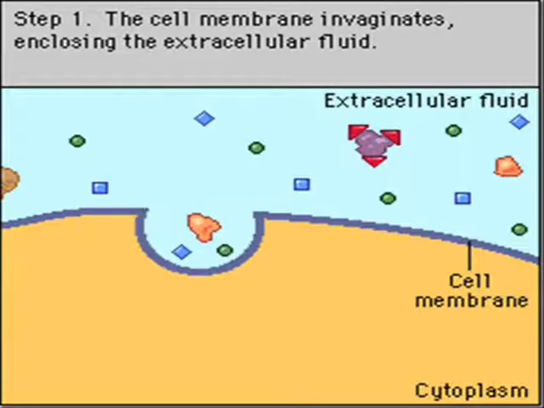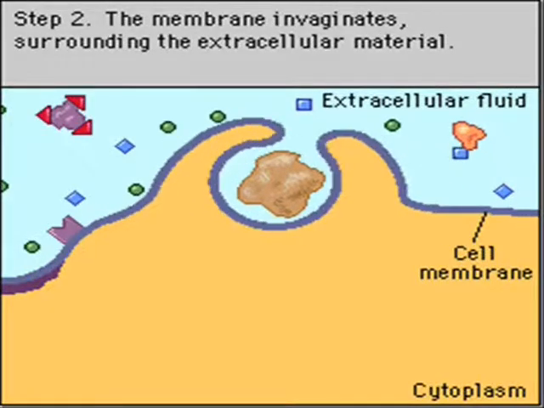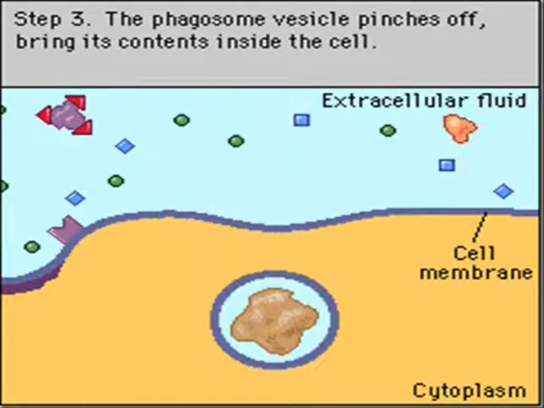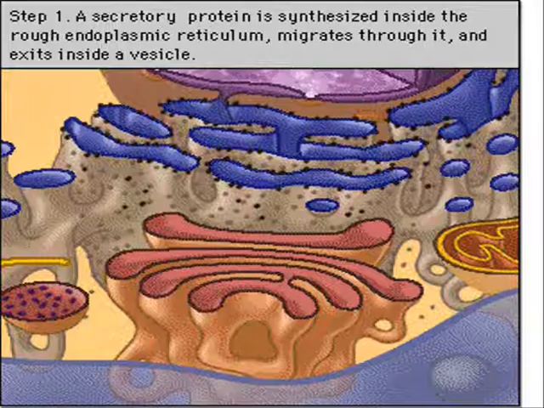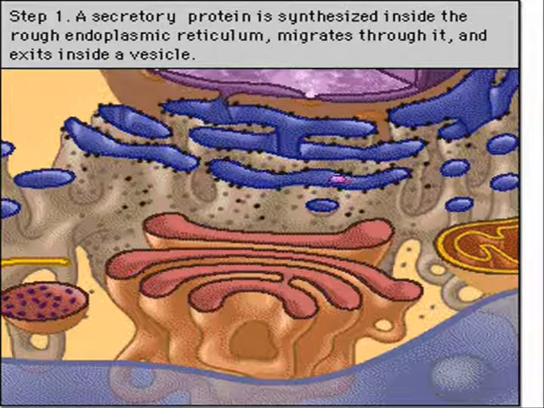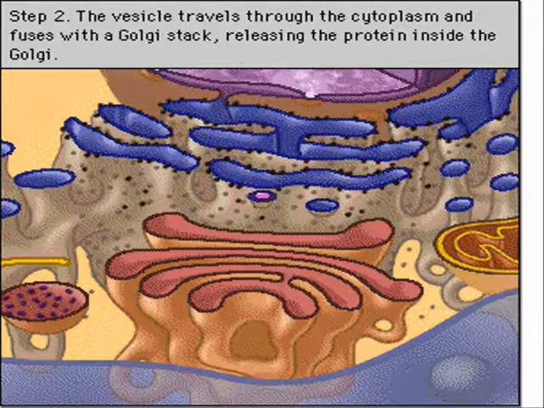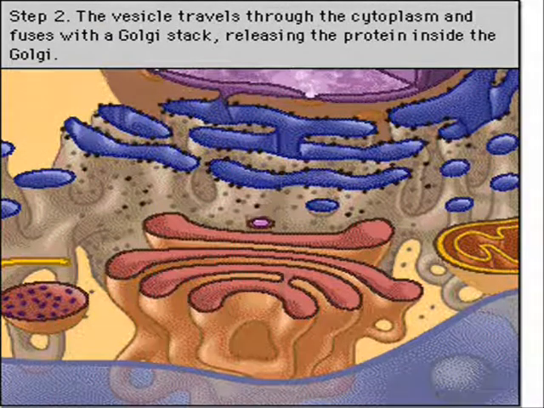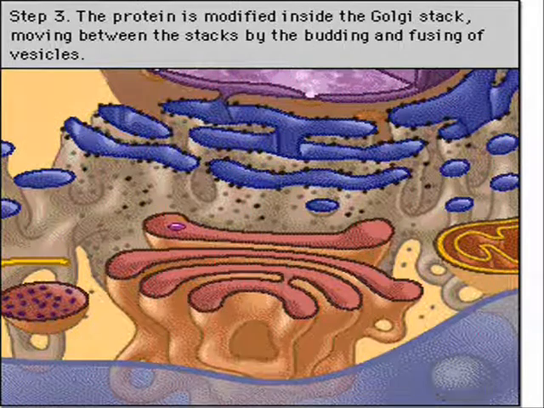Here we have pinocytosis, where a small little piece is surrounded by a bubble in the membrane, and here we have phagocytosis, where it's a much larger type of compound. Phagocytosis allows for the destruction of bacteria and fungus and other things. Secretory proteins also follow through organized life processes in the cell that are electrically stimulated.